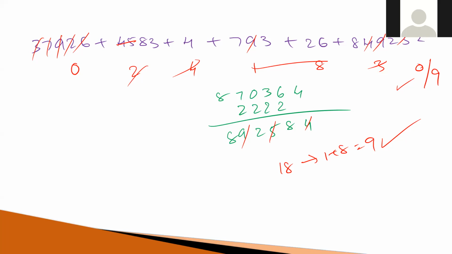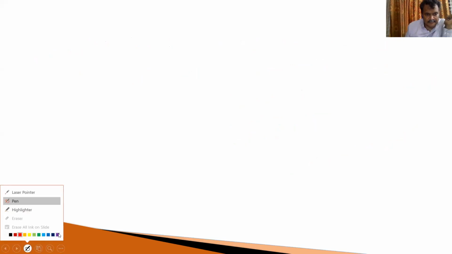Okay, sir. Is it clear, all of you? Yes, sir. Now, I'll give you only 2 questions. All of you solve that question and cross-check your answer with the digit sum. Cross-check your answer with the digit sum and put a message in chat box, yes or no. That means you'll get the exact answer or you didn't get the answer. Okay.